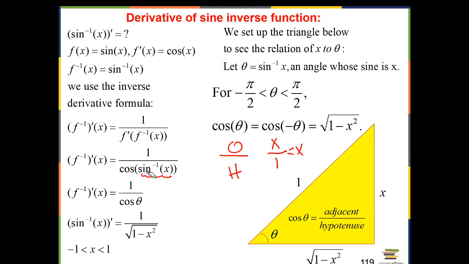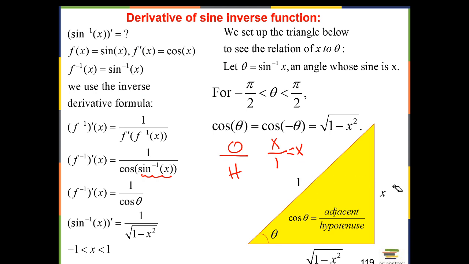So instead of sine inverse of x, we're going to put cosine theta here. And now from this triangle, we're going to find what cosine of this angle is. We know the sine is x. And if you think about it, this triangle is a right triangle. So if this is x, this is 1, this would be the square root of 1 minus x squared, right?